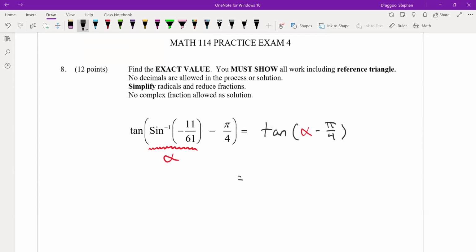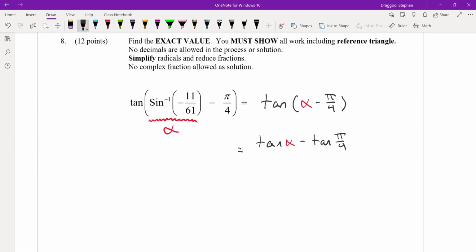Going to my formula sheet, I know that looks like tangent of alpha minus tangent of pi over 4, all of that divided by 1 plus the tangent of alpha times the tangent of pi over 4.